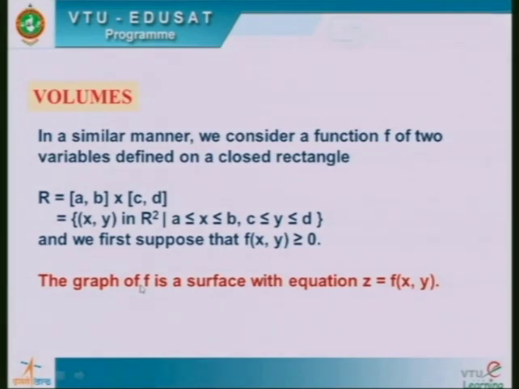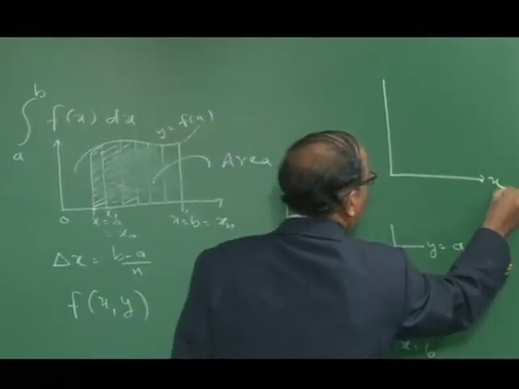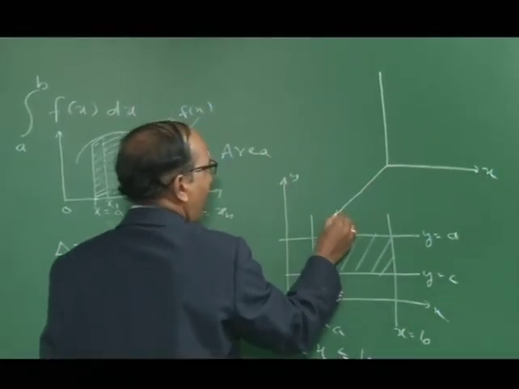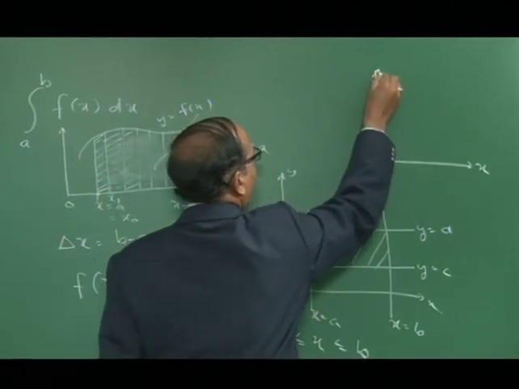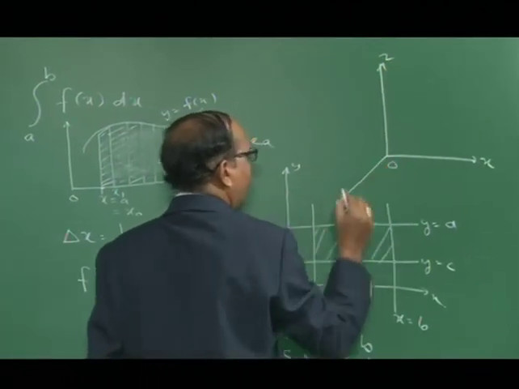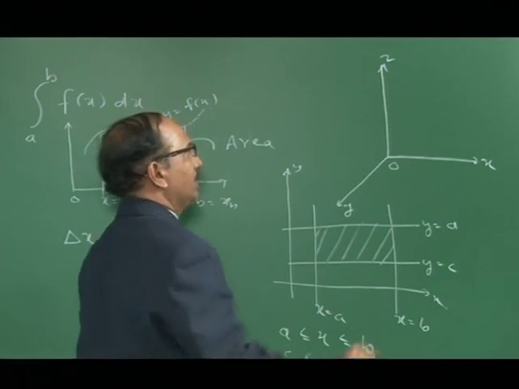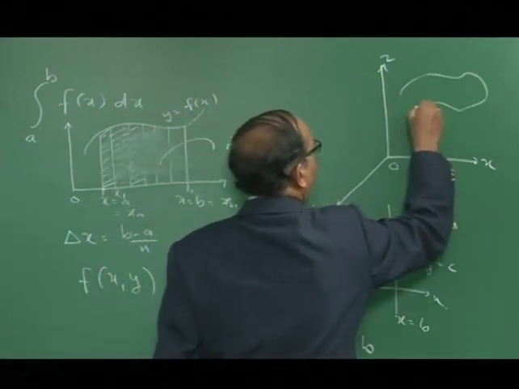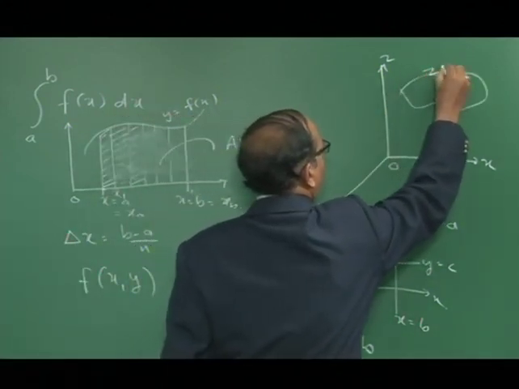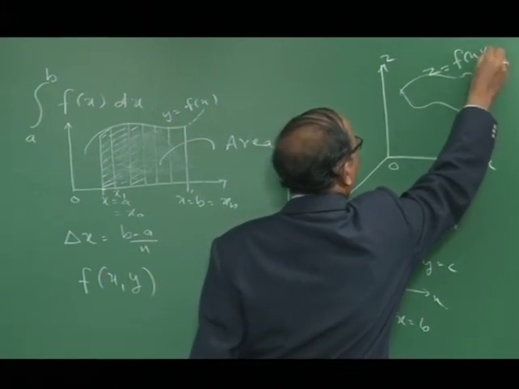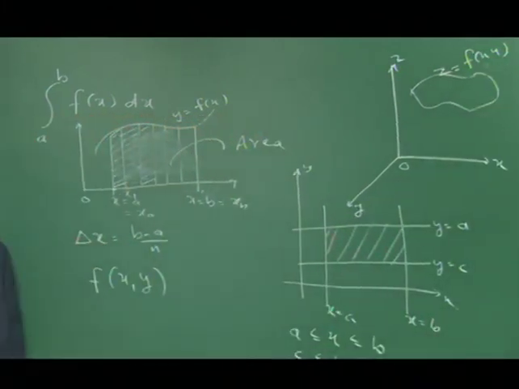It is very difficult to plot. You have to imagine it is a surface in three-dimensional space, with x-axis, y-axis, z-axis, and that is the origin. There is some surface, that is z equal to f(x,y), in the three-dimensional space.